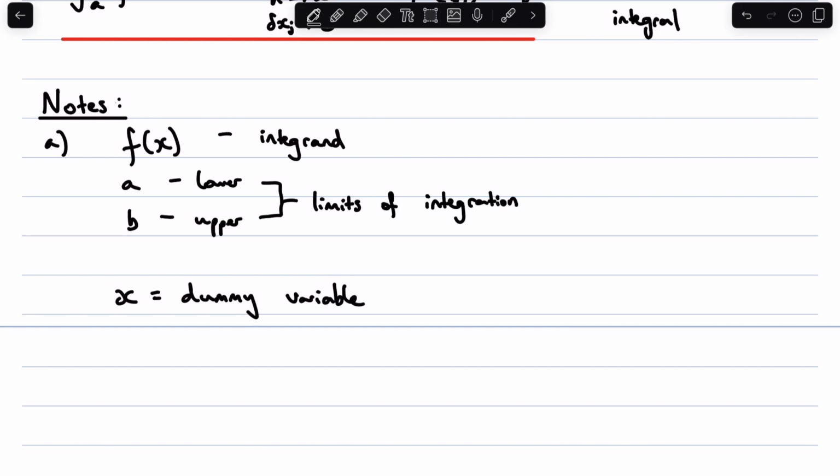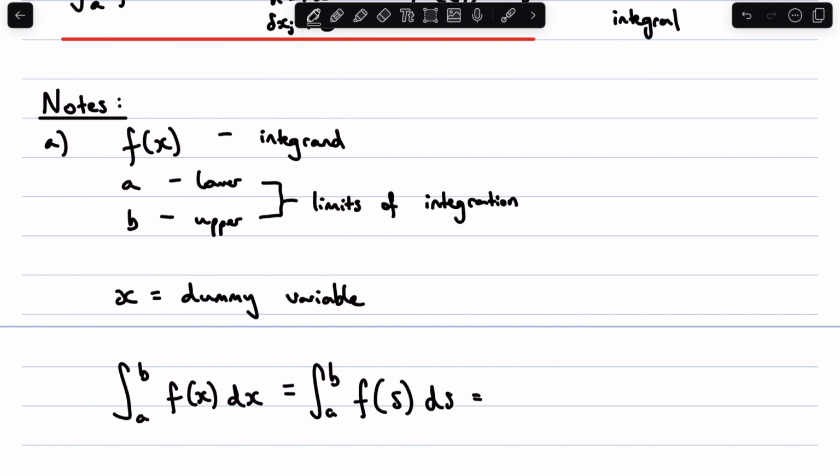So it would be like saying the integral between a and b of our integrand f of x dx is exactly the same as the integral between a and b of f of s, let's say, ds. That's the same as, again, between a and b of f of q dq.